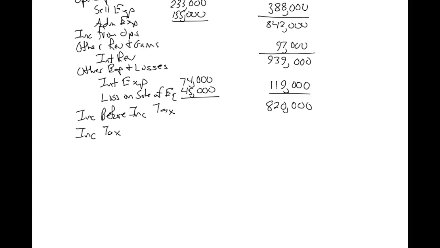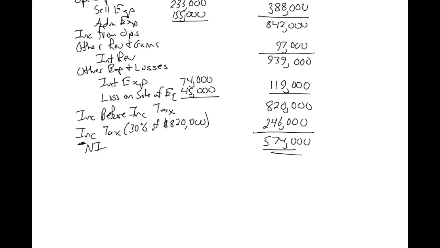All right, so 30% of that is 246,000. So 30% of the 820,000. All right, so that's what we're paying tax on. So that's 246. All right, and then that's going to give us net income. All right, and that works out to be 574,000.